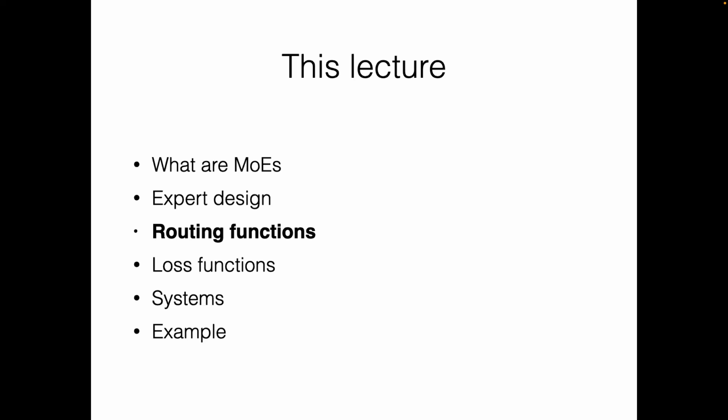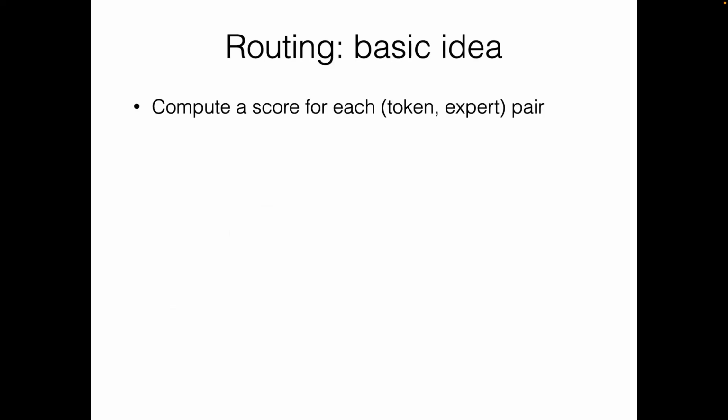Okay, so now we could talk about the routing function. The idea is again going to be pretty simple. We're going to compute some score for each token expert pair. Maybe I should say what the goal is.